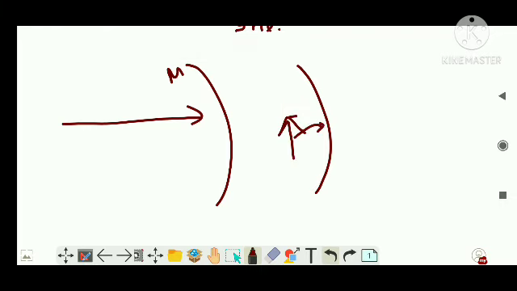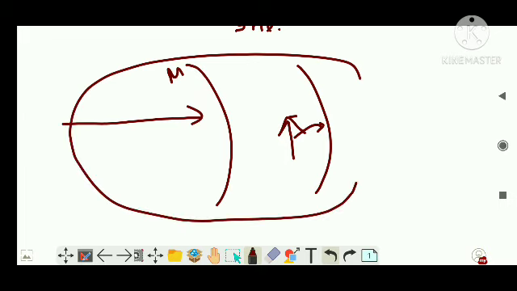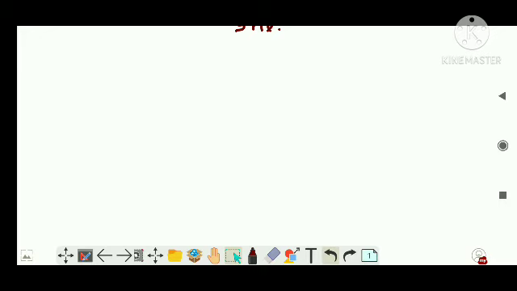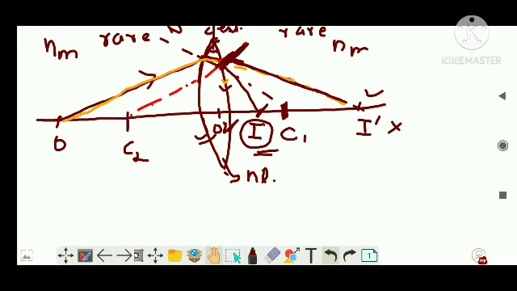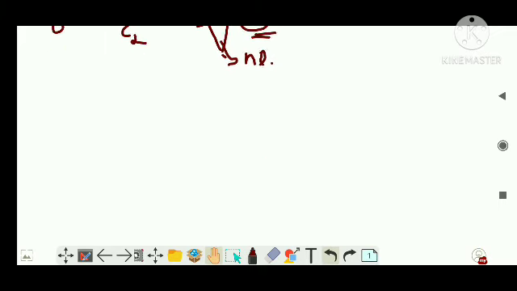The same thing is happening here in the case of the lens. Two reflecting surfaces are there, so the image of the first spherical surface acts as the object for the second face. Clear? If you want, I can depict it pictorially.